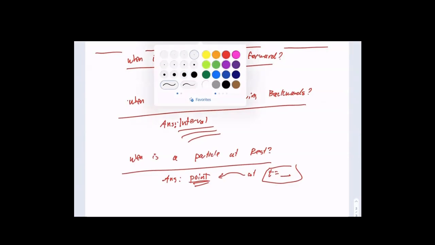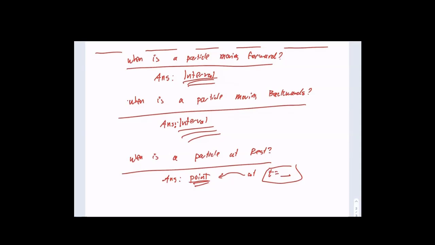All right, and please go back up to your notes. Justify. You'll see me always saying this: justify or explain your reasoning. For a particle moving forward, we simply say because the velocity is greater than 0. Moving backwards because the velocity is less than 0.